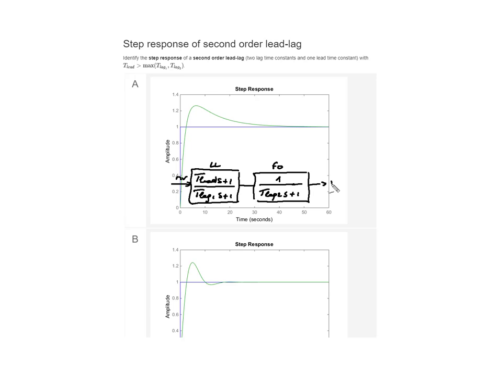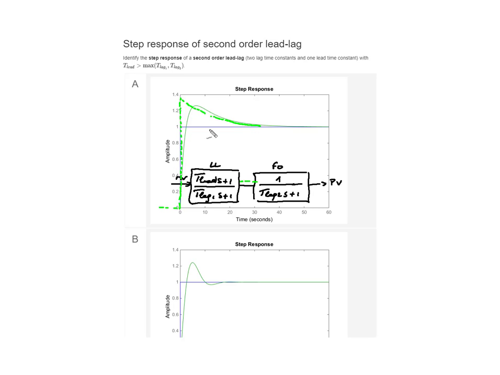And here we have the output, right? And we can kind of imagine the output of the lead lag system, and we'll show it here in dashed, it would look something like that. It has a direct feed-through term, and it would look like something like that.